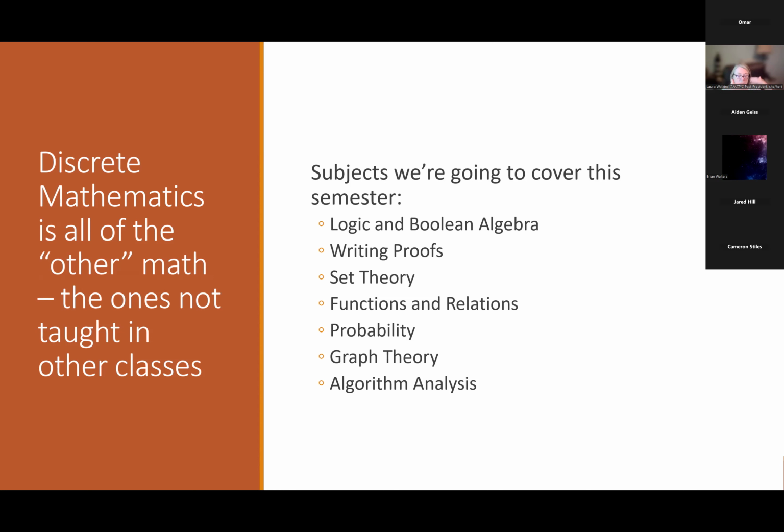But the logic and Boolean algebra ideas are the foundation on which we build writing proofs. And then we use this idea of writing proofs to explore set theory, to explore functions and relations, what is required for a function to be a function, a relation to be a relation. It's beyond the horizontal line test, it's beyond the vertical line test.